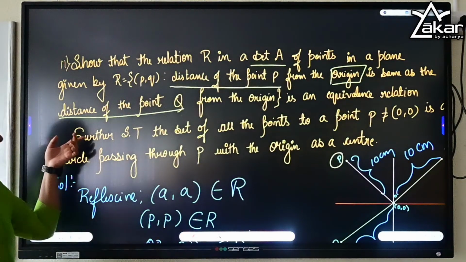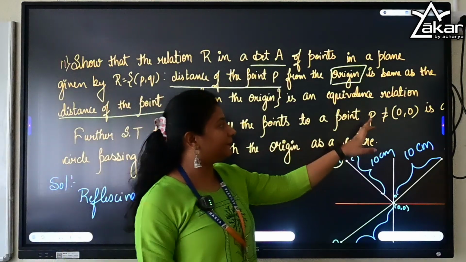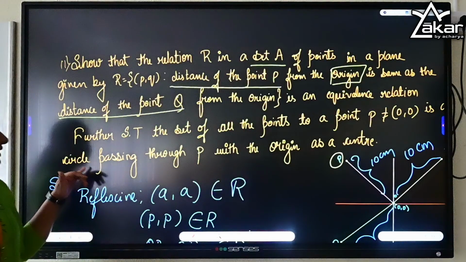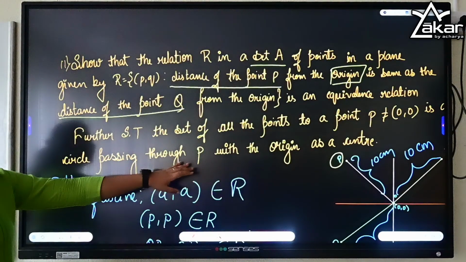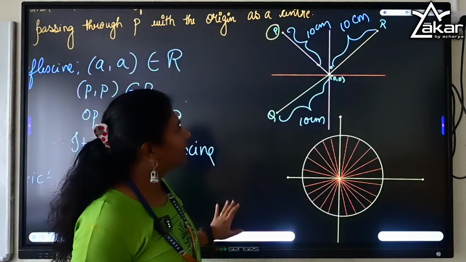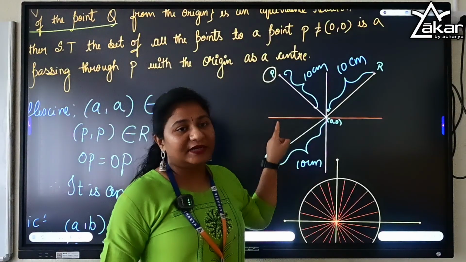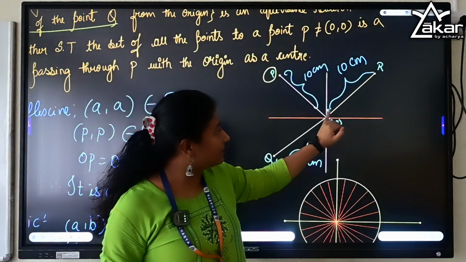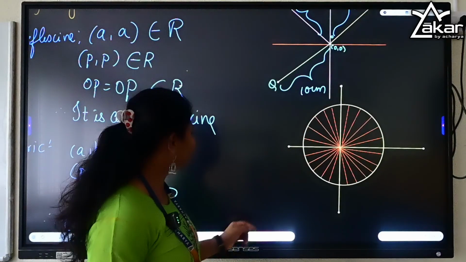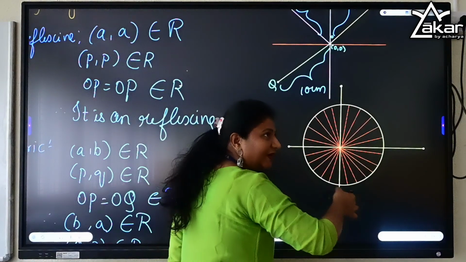What they have told is: further show that the set of all points in a plane, with P not equal to 0 at the coordinate, is a circle passing through P with the origin as the center. Observe the plane. If all the points have the same distance from the origin, and I consider n number of points, what kind of shape occurs?